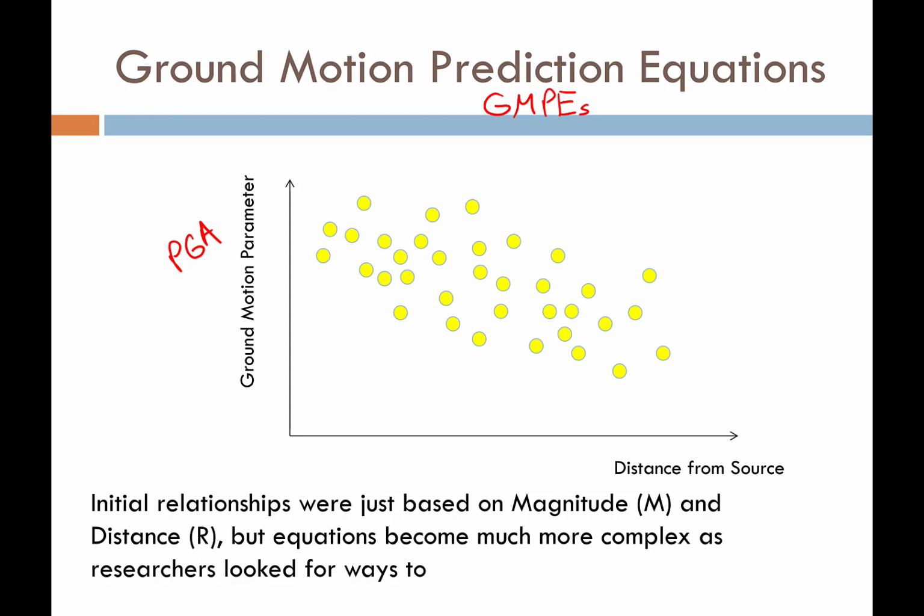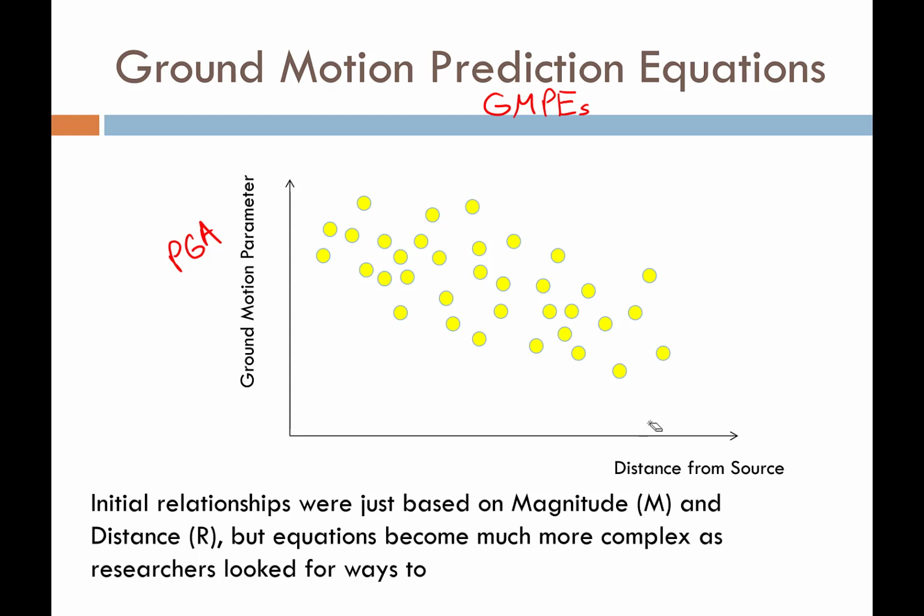And you might see, if you were to do that, that seismologist would see a trend that would look like this, where we see large PGAs at short distances, and we see lower PGAs at further distances from the source. That's why they used to call these types of relationships attenuation relationships, because the ground motion parameter would attenuate with distance from the earthquake.